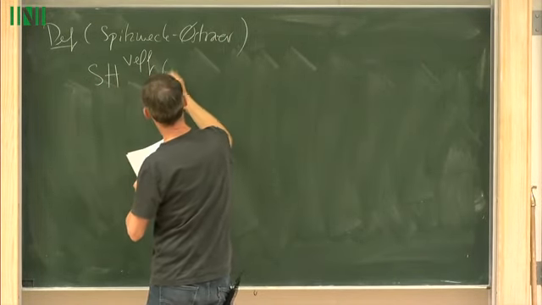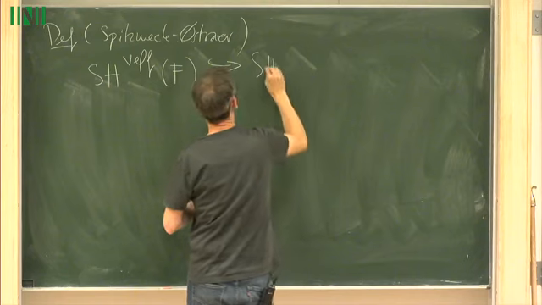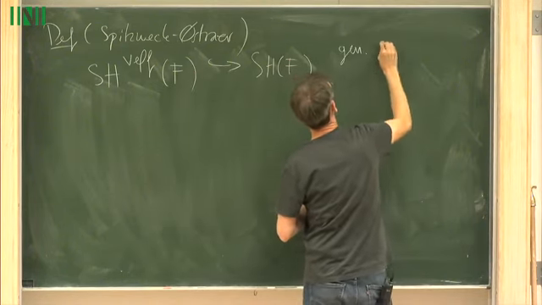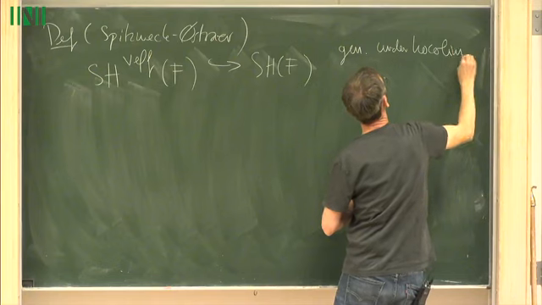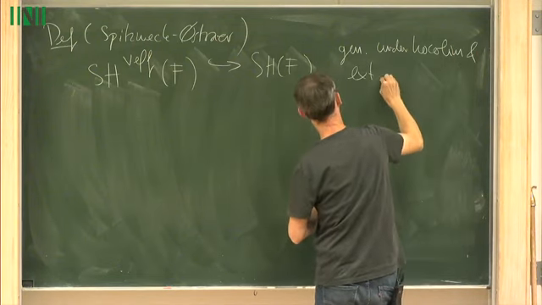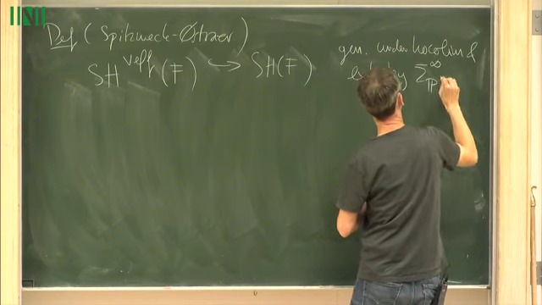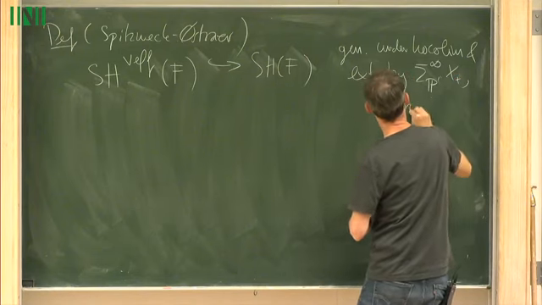The very effective subcategory is the full subcategory generated under homotopy colimits and extensions by suspension spectra of smooth schemes.